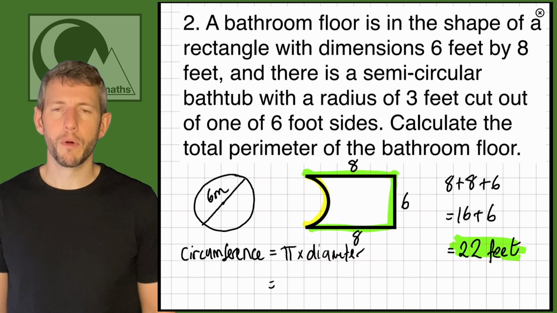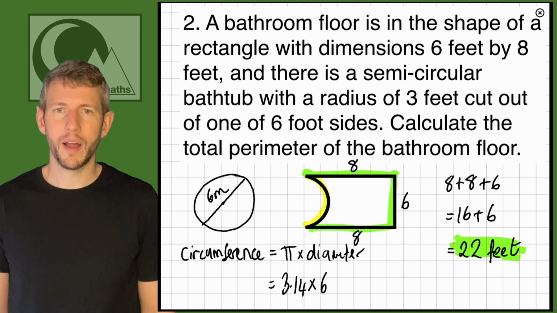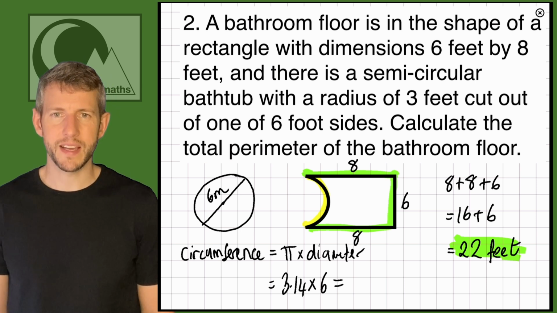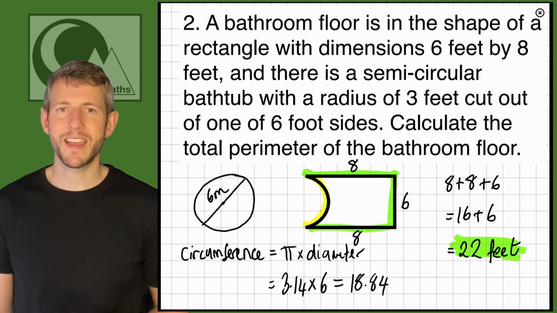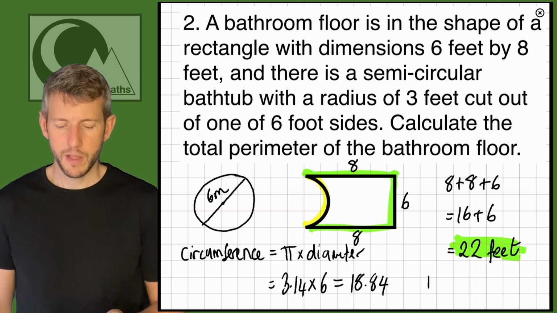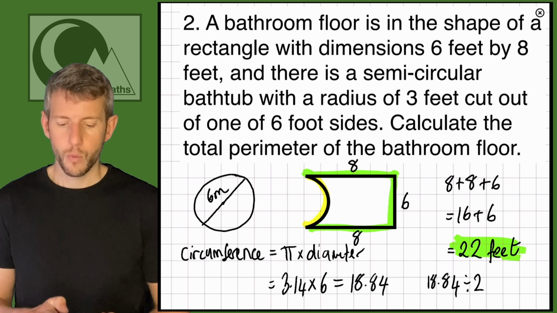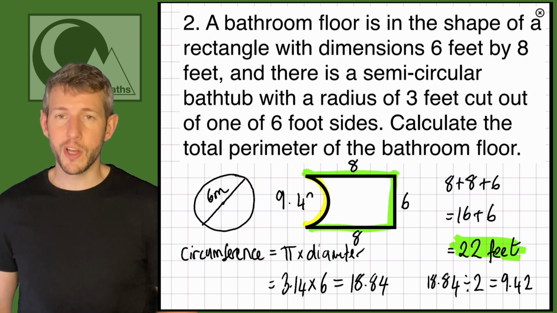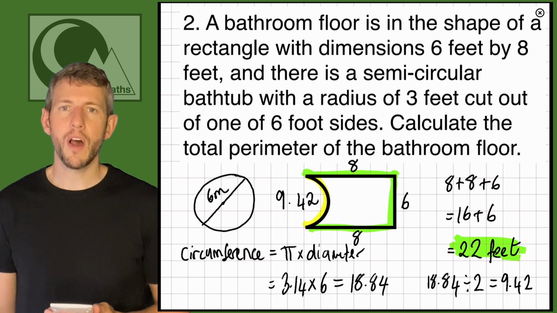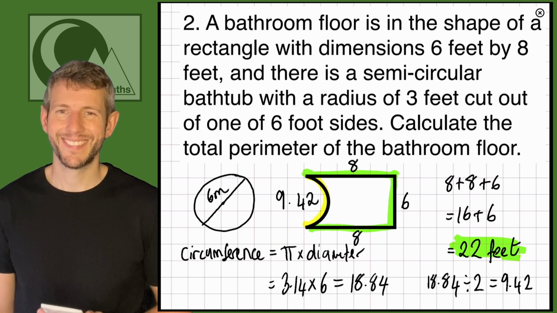So 3.14 multiplied by our diameter, which is 6. I'm going to do that on the calculator. 3.14 times 6 equals 18.84. Now, if we divide that by 2, we get 9.42. So that curved bit of line that goes by the bathtub is going to be 9.42 feet.